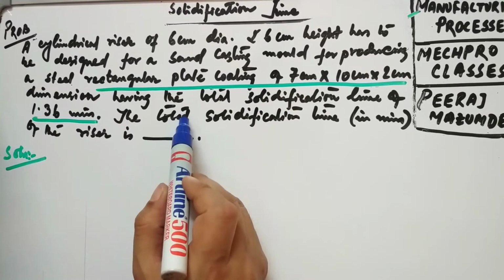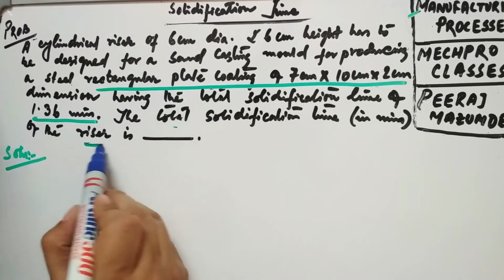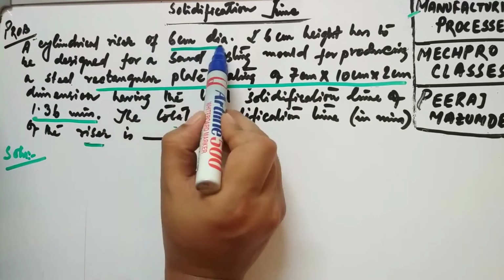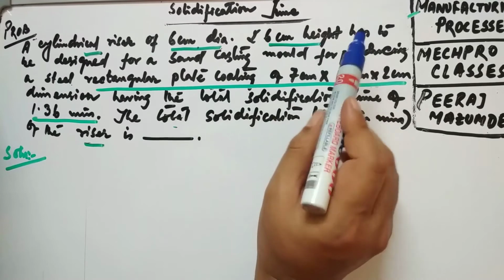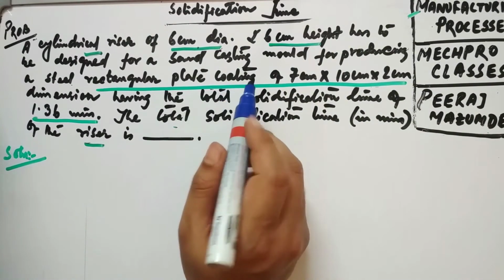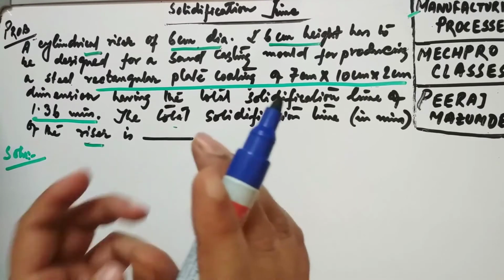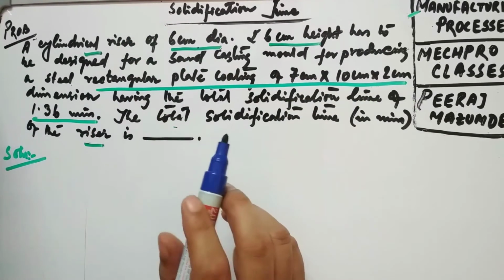And now you have to find the total solidification time of the riser. Now the riser is a cylindrical riser having 6 cm diameter and 6 cm height. Look, for solving this type of solidification time problem, you don't have to go into in-depth understanding of what a riser is or something else.